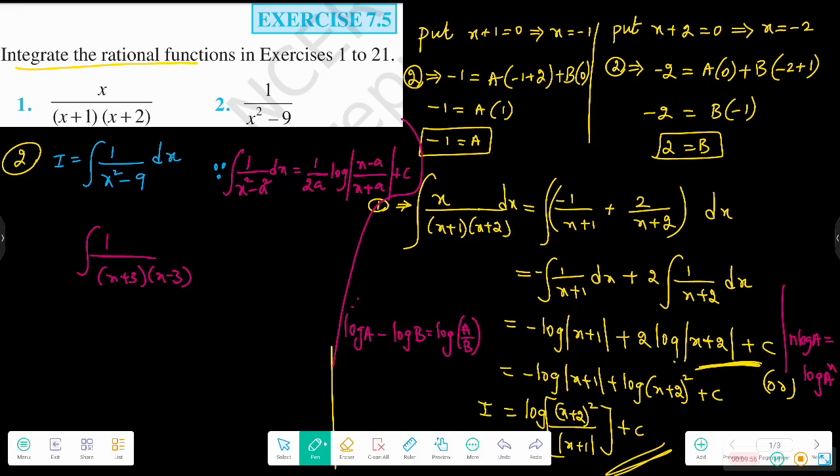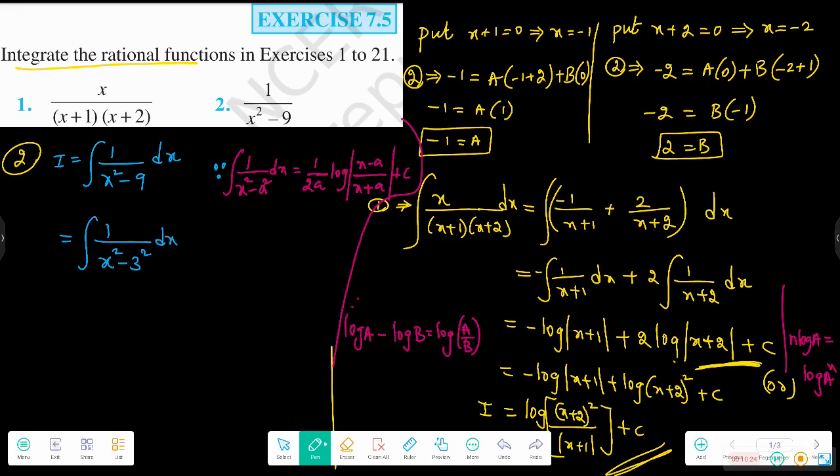Directly we can use the formula, because when you are writing in the examination, you may not be aware of which exercise it belongs to. So directly you will apply the idea. So integral 1 divided by x square minus 9, we can write 9 as 3 square, into dx. This looks like the format.